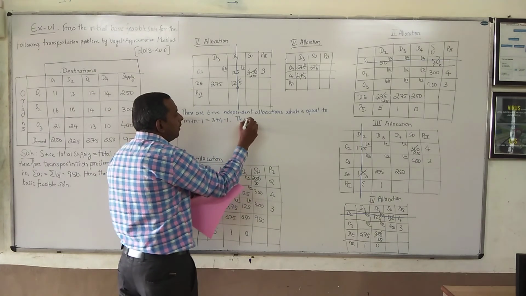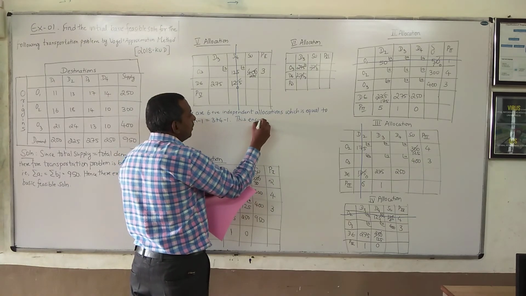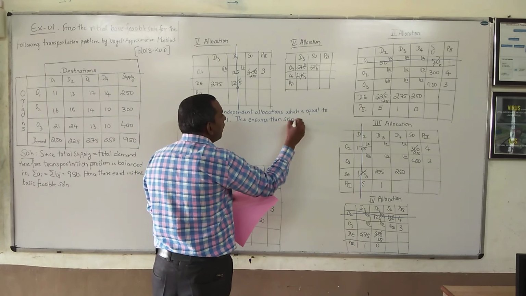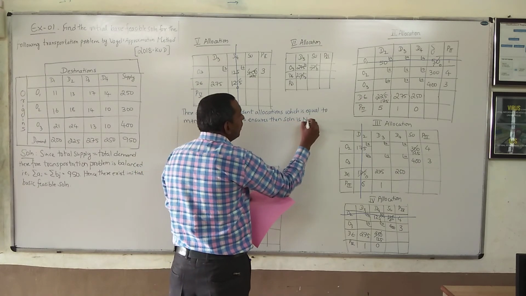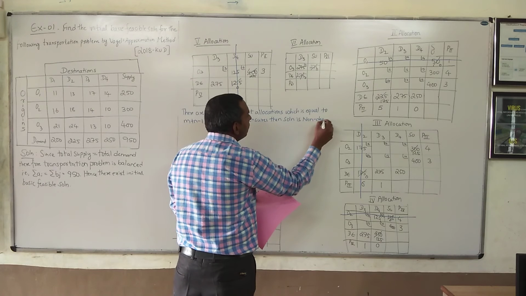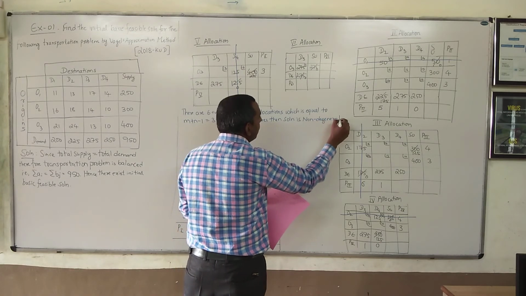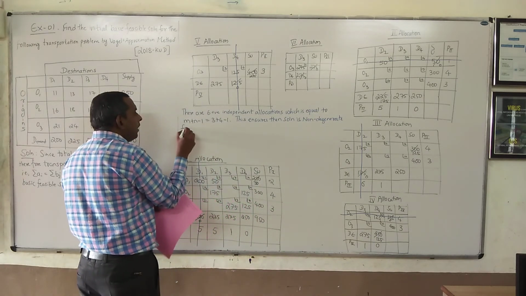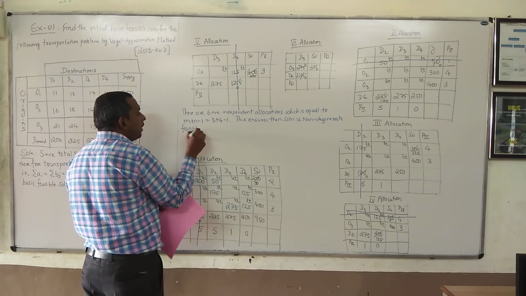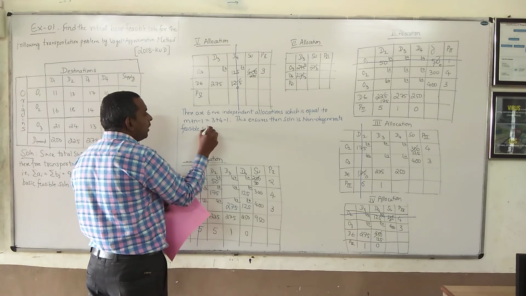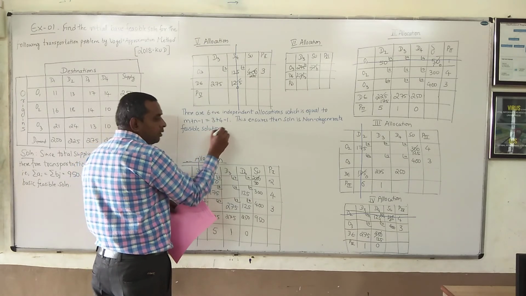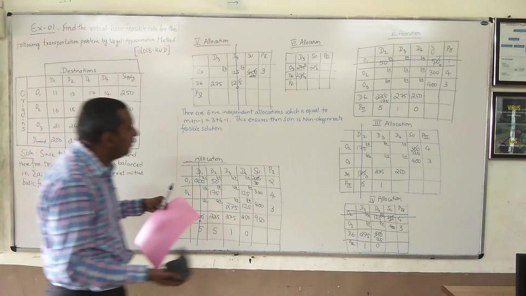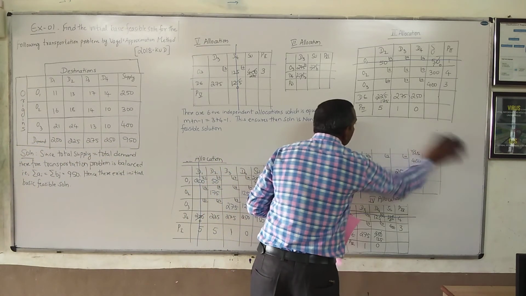This ensures the solution is non-degenerate. Is what? Non-degenerate, feasible solution. What type of solution it is? Non-degenerate, basic, feasible solution.